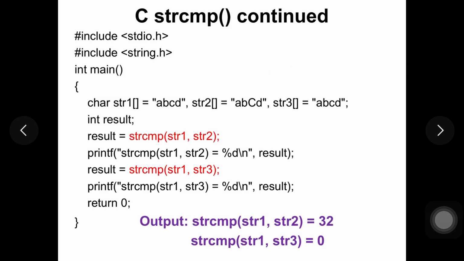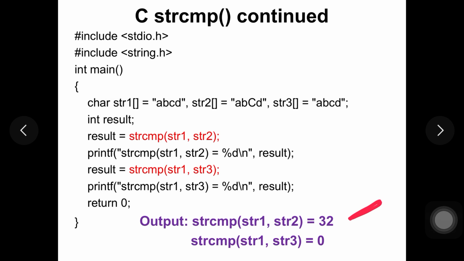Only the ASCII values of small c and capital C differ. So when you take the difference, that is string 1 minus string 2 by ASCII value, you will get some result here.